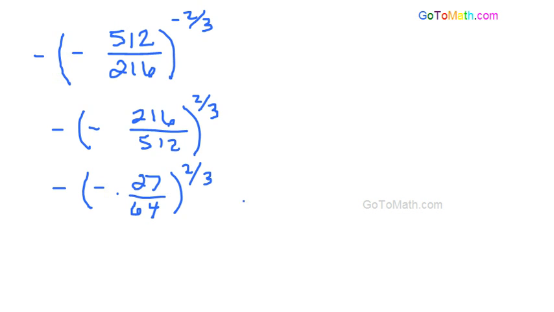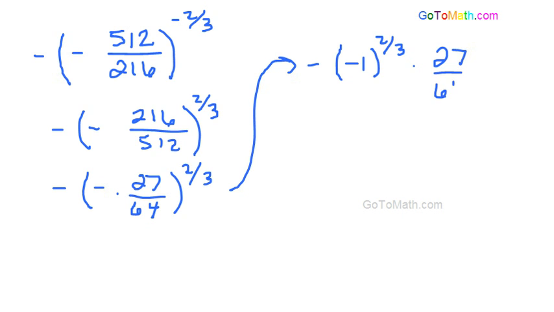Let's actually continue this right over here so we got more room. Actually, you know what I'm going to do? This is totally legal. Negative 1 raised to the 2/3 power times 27 over 64. That just gets that negative out of the way, and this is raised to the 2/3 power.